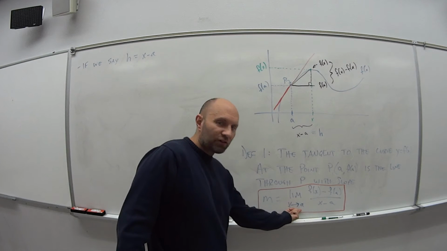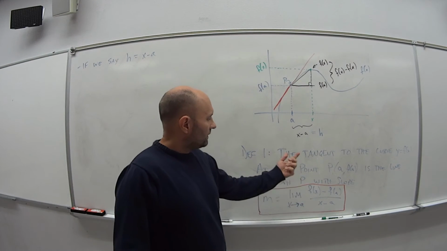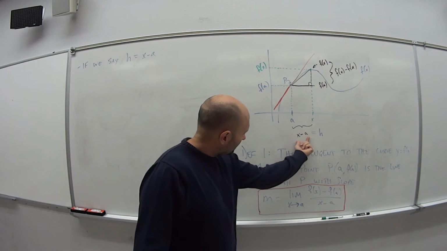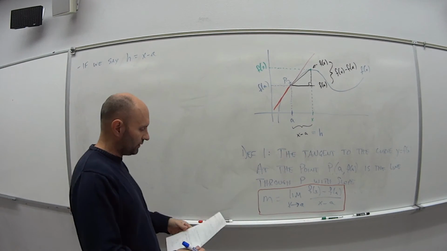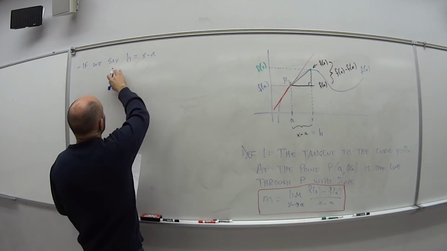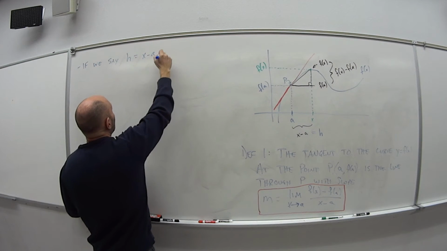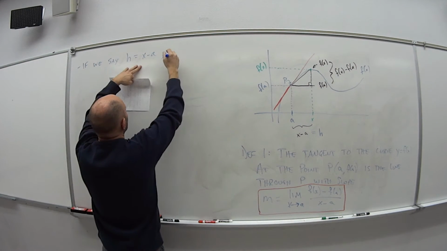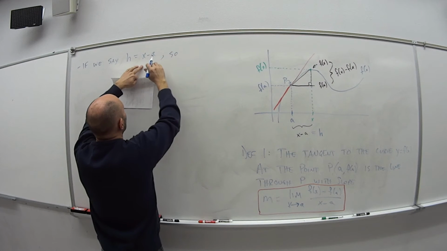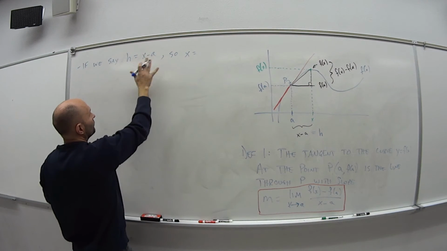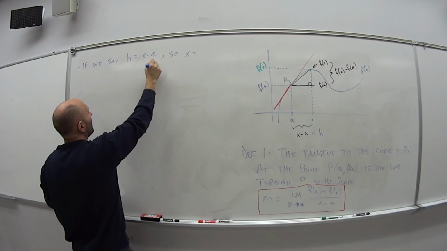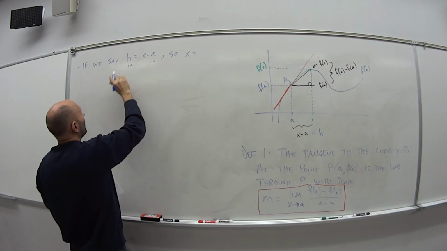So as x goes to a, that means what? That means that as x goes to a, this thing's getting closer and closer. That means h is going to 0. So if h is equal to x minus a, then using a little algebra, I can say what? If I want to say x equals what in terms of a and h, well that means I have to add a to the left side and add a to the right.